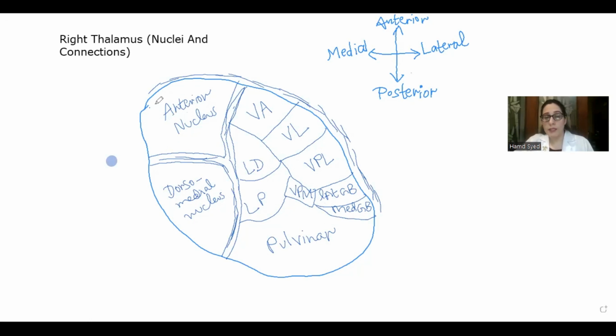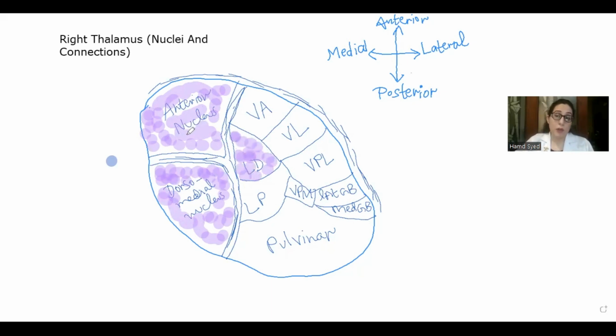Well, the anterior nucleus, which I'm giving a shade of purple, as well as the nucleus over here, the dorsomedial nucleus, these are along with the LD, that is the lateral dorsal nucleus. These are the areas which have the function that is concerned with the limbic system.